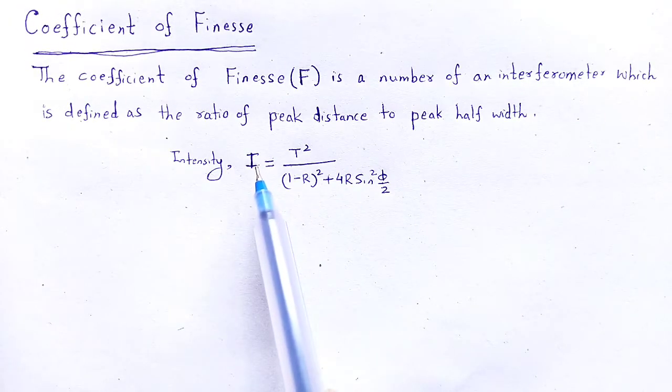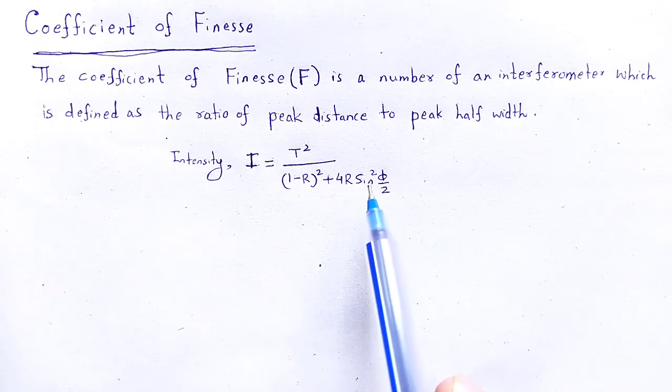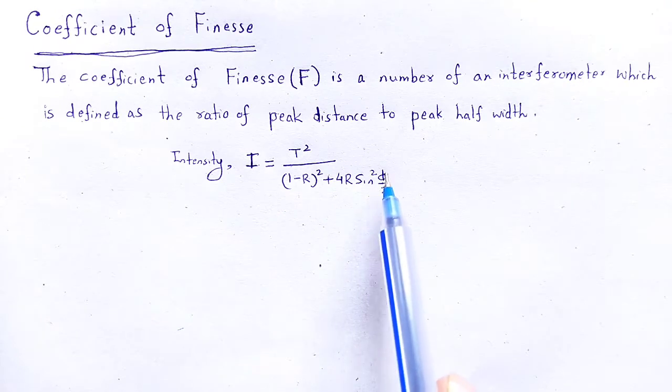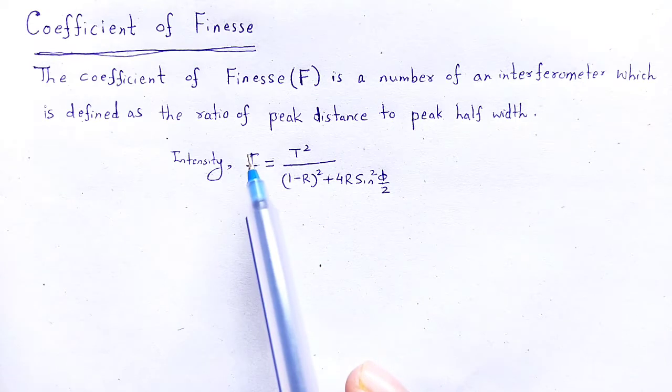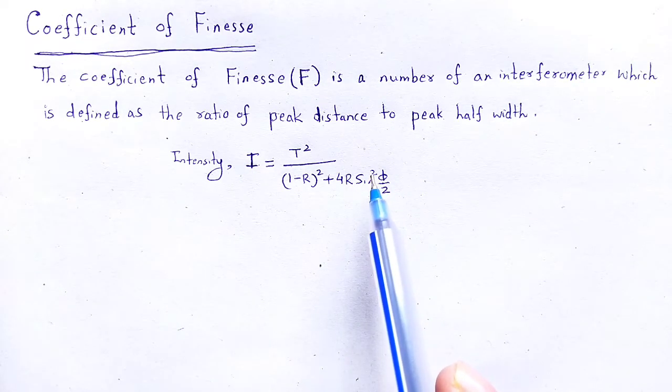For maximum intensity, the denominator term sin must be 0. The minimum value of sin gives rise to the maximum value of intensity. So, the minimum value of sin is equal to 0.